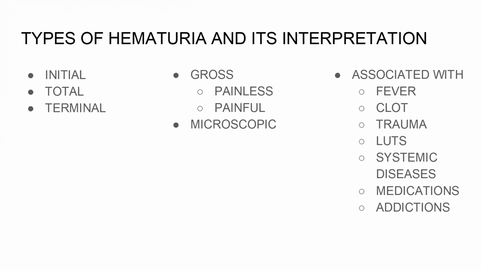Ashay, what is the meaning of initial, total, and terminal? Sir, initial hematuria is when the patient says that hematuria is present in the initial stream of urine, and it is due to urethral pathology, which may be inflammation.